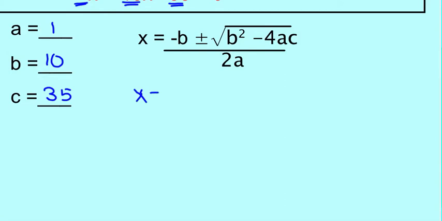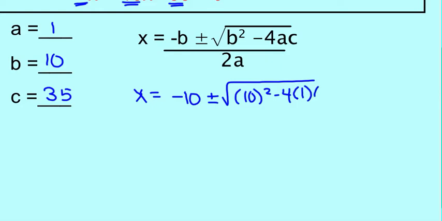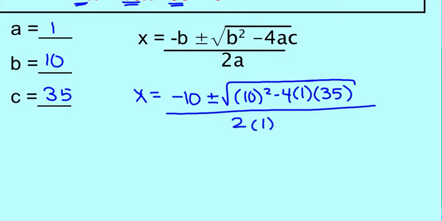So x equals negative b plus or minus the square root of b squared minus 4ac all over 2a. And make sure it's all over.